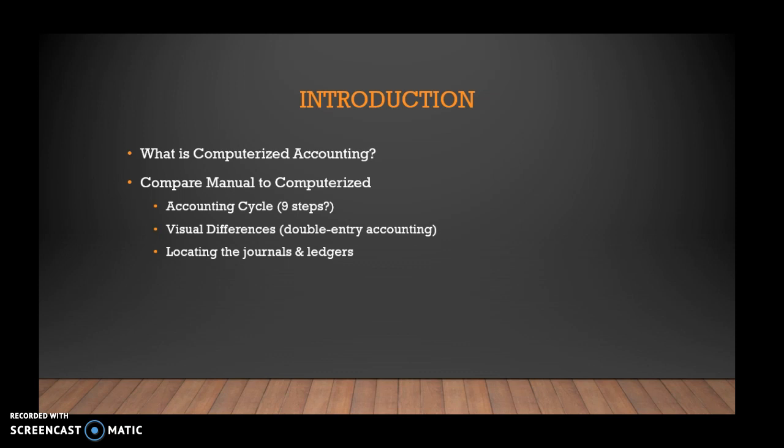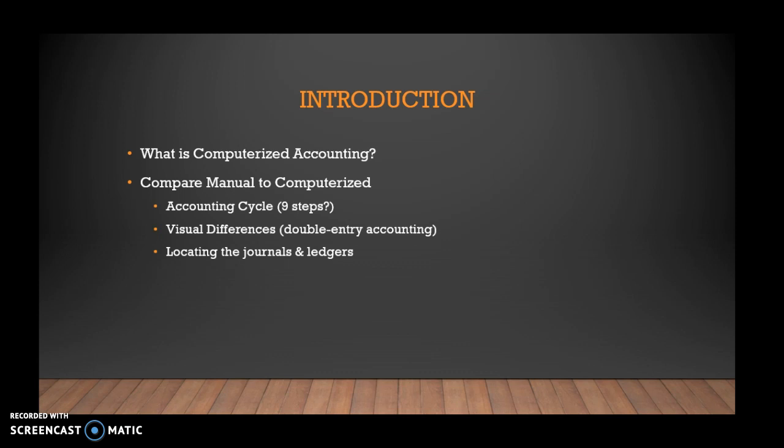A lot of activity in a computerized system happens in the background or behind the scenes. So we'll talk more about those differences as we go along. For example, sometimes you might have difficulty locating the journals and the ledgers. Each of the software packages that we're going to review in this class looks and feels different, but the basics are all the same.